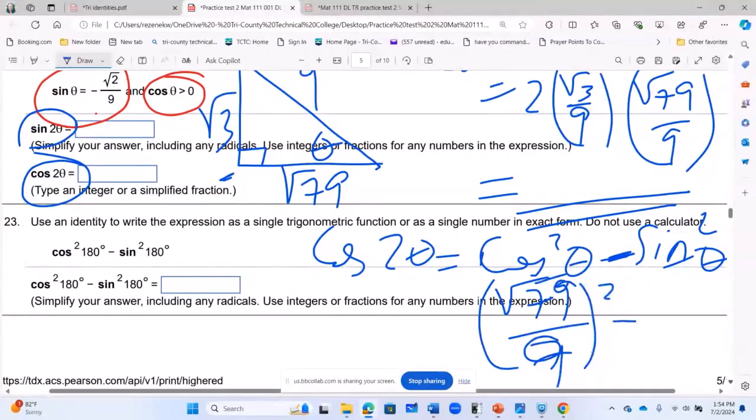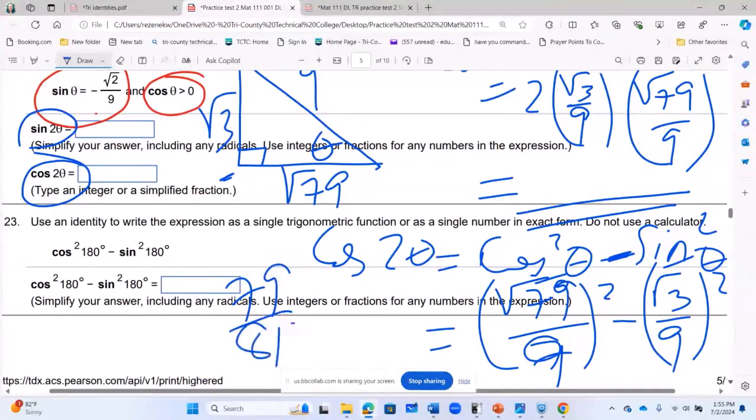I have opposite over hypotenuse, root 2 over 9, then square it. All right, so the job is actually done. So I'm going to have 79 over 81 here, minus square root of 2 squared is 2, 9 squared is 81. And I have 79 minus 2 will give me 77.